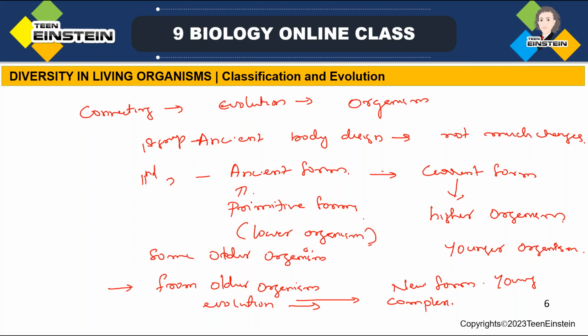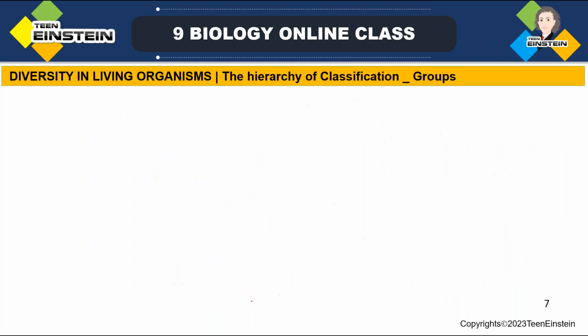So as a part of evolution, the younger organisms will have the complex structure, and the older organisms will have simple structure compared to the younger ones. Clear? So this is the role of classification in evolution. And next we can see the hierarchy of classification.